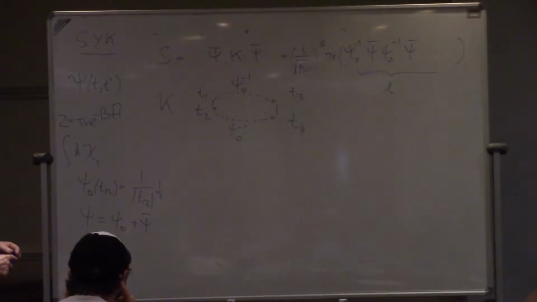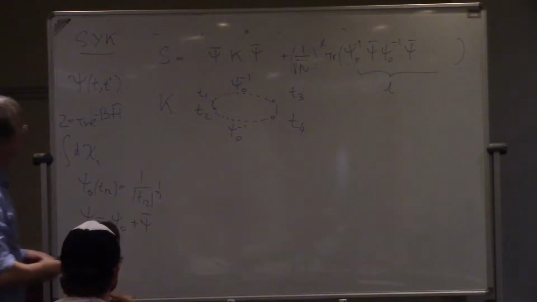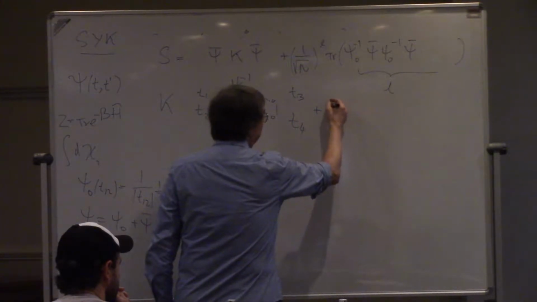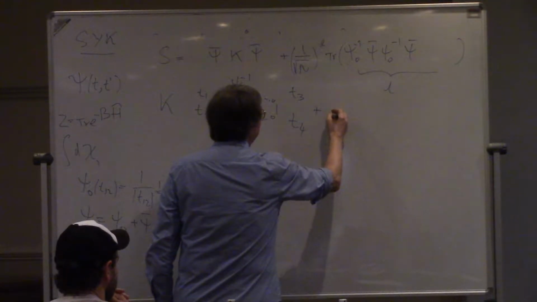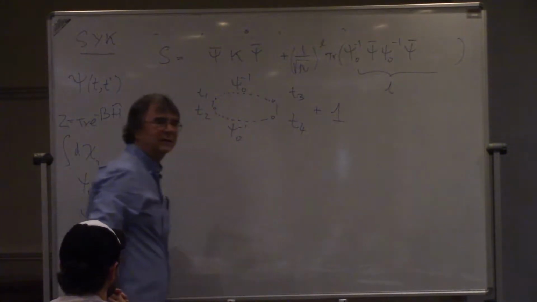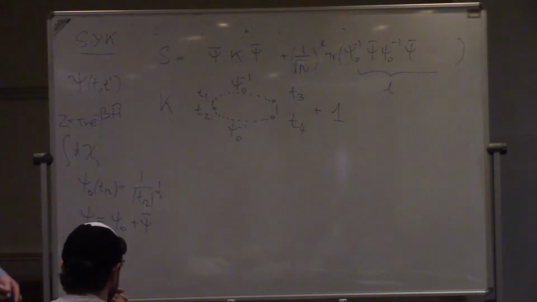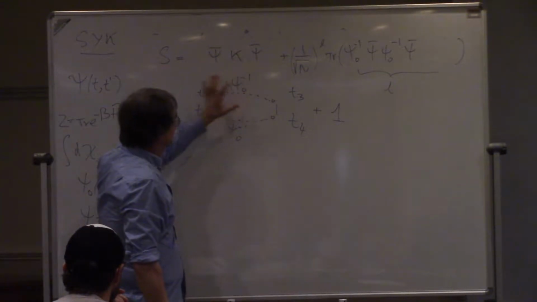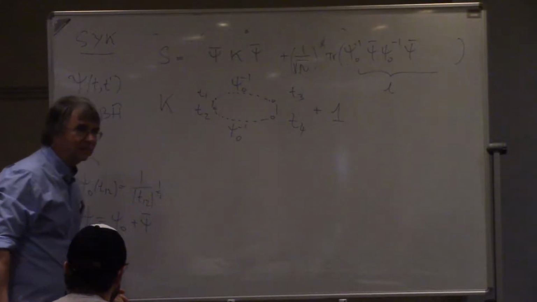But that is essentially what this is. And there was also another term from J squared, and I will just write 1 after normalization. Okay? So the kinetic term, the kinetic operator, looks invertible.